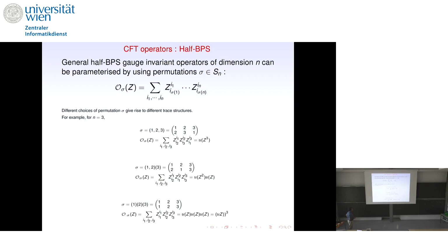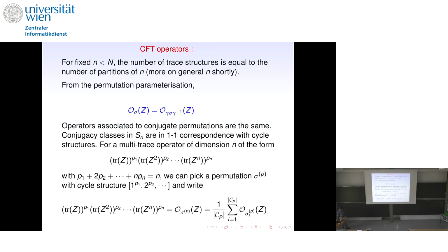So obviously, any gauge invariant operator can be obtained for any number of Zs by using an appropriate permutation in Sn. So that's a rather basic remark about how to build gauge invariant operators. Now, if you look at that formula, one thing becomes apparent, that if you take that sigma and you conjugate it by another, an arbitrary gamma, you get the same gauge invariant.